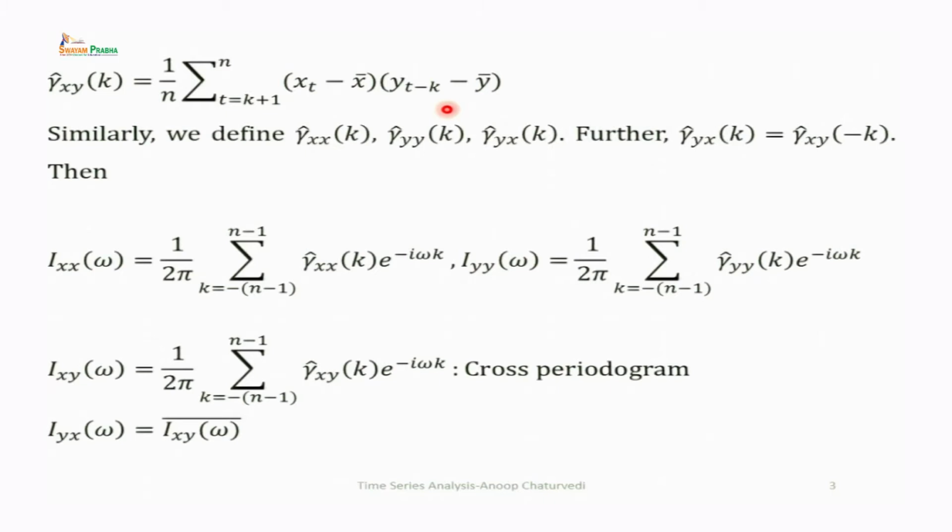Similarly, we define gamma hat x x k, gamma hat y y k and gamma hat y x k. You also observe that gamma hat y x k is equal to gamma hat x y minus k. So, once you have obtained gamma hat x y k, you can easily obtain the value of gamma hat y x k.